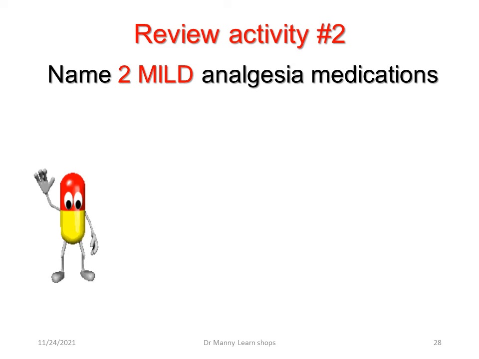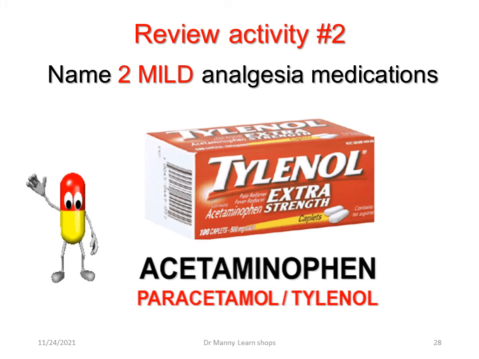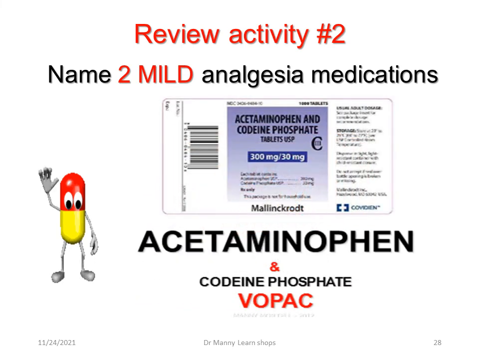Can you name 2 mild analgesia medications? 2 mild analgesia medications are acetaminophen, paracetamol, acetaminophen and codeine phosphate, Panadeine.